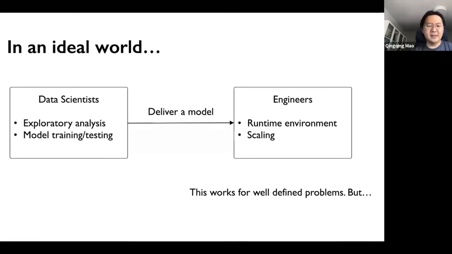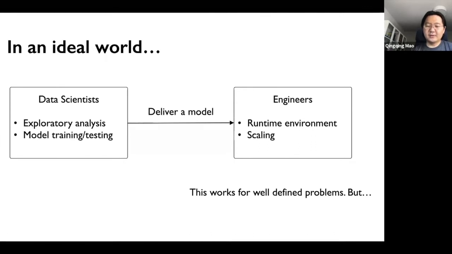And then at the end, you deliver a model, right? So that's your deliverable. And you give the model to the engineers, and engineers are the ones that care about whatever runtime environment it is, and also care about the scaling and all these issues.